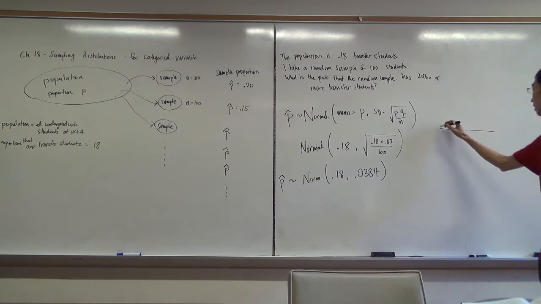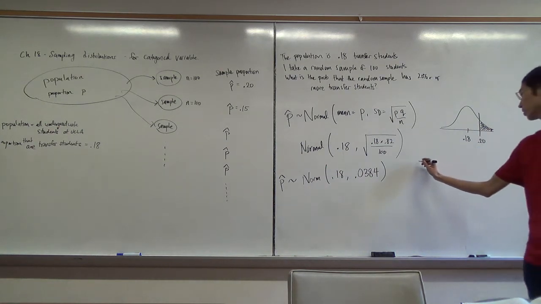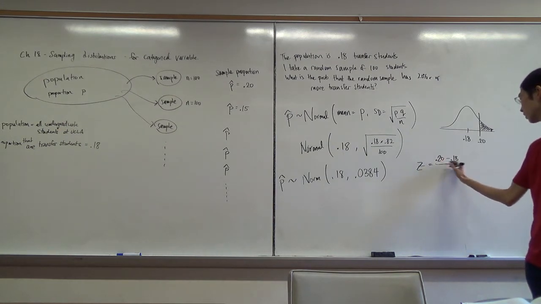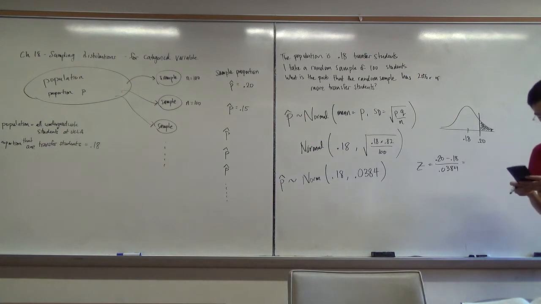So over here, normal model, we're centered at 0.18. I'm going to draw a cutoff line at 0.20, and I want to know the probability of getting 20% or more. My z-score is going to be 0.20 minus 0.18 divided by the standard deviation of 0.0384, and I get a z-score of 0.52.